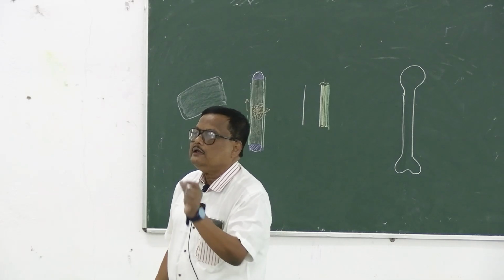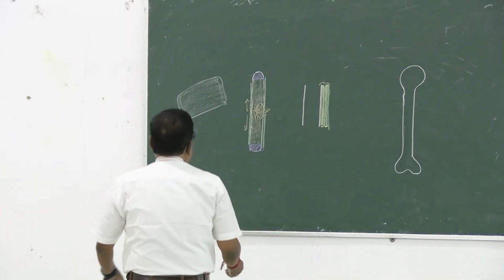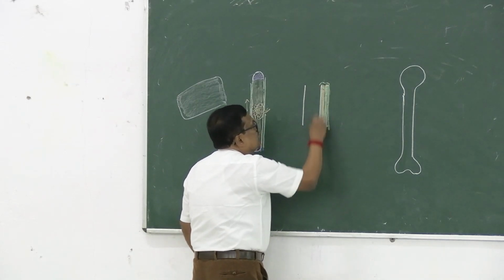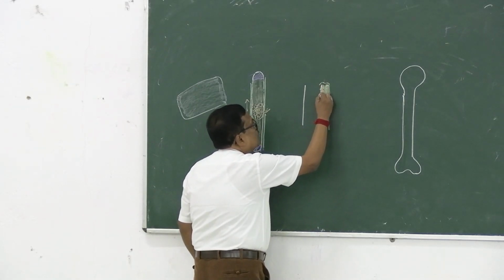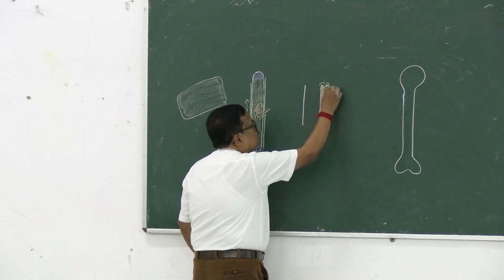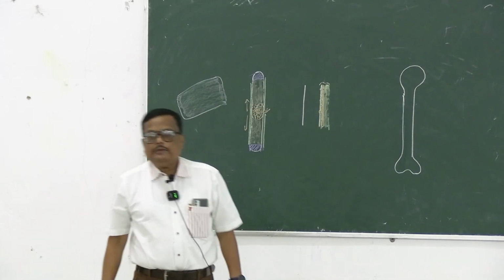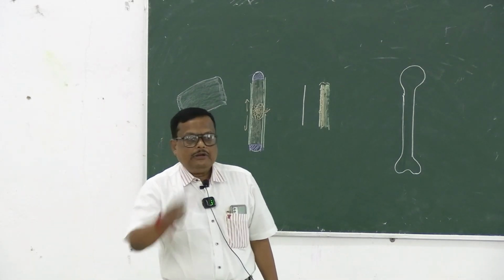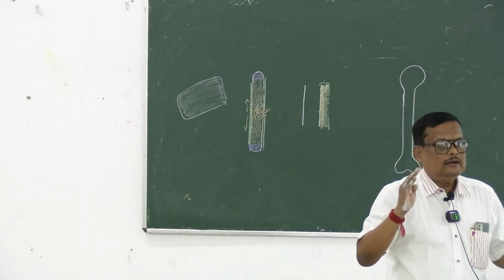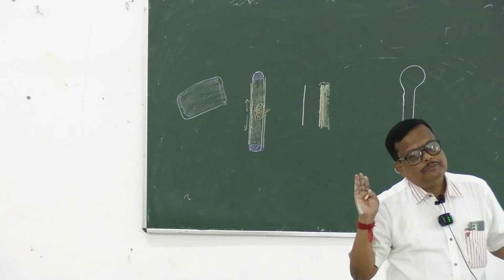Osteo means bone, genic means can produce, because in this inner layer lies the bone producing cell known as the osteoblast. And the outer layer is a fibrous tissue, we call it the fibrous layer. So periosteum consists of two layers, the osteogenic layer and an outer fibrous layer.